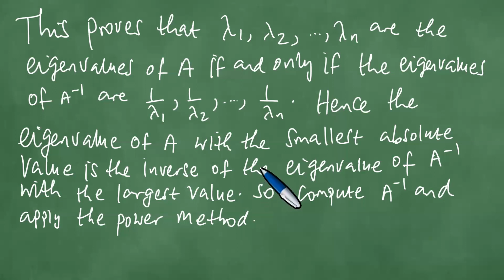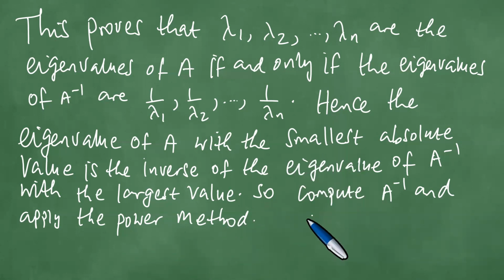So we can study the inverse and the matrix A interchangeably with that understanding. To deal with the smallest magnitude and the largest magnitude eigenvalues, what do we do? Compute the inverse of A and apply the power method.